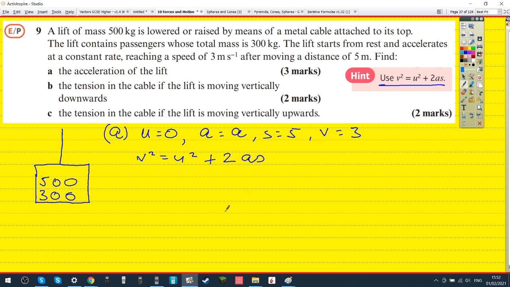Okay, try that one. I got that. Acceleration is 0.9. Okay. B. Any idea about this one?